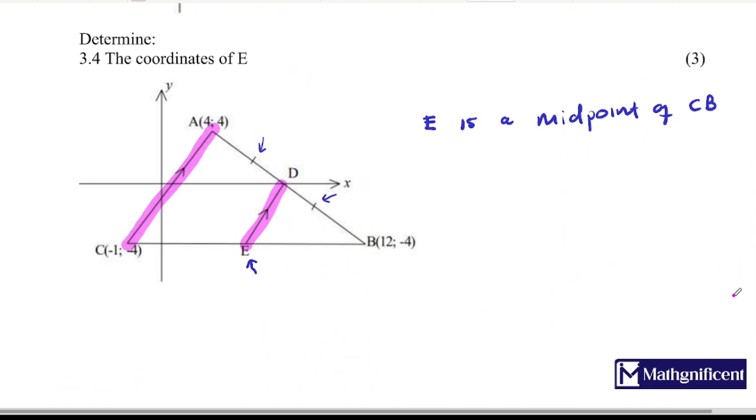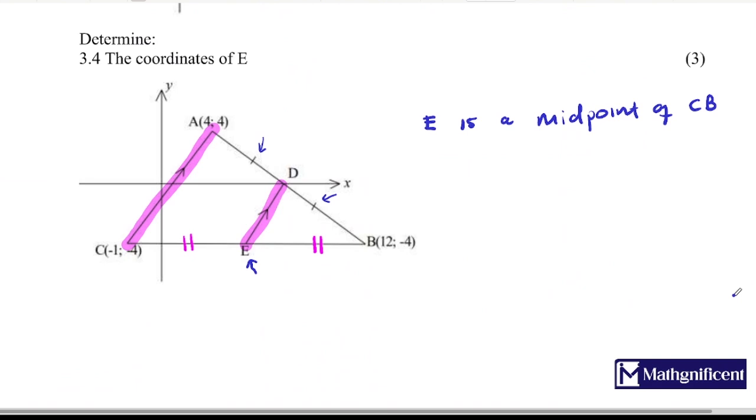We can also state that line segment DE will also bisect the third side of the triangle, right? Hence we know that E is going to be a midpoint of CB. So how can we write this?